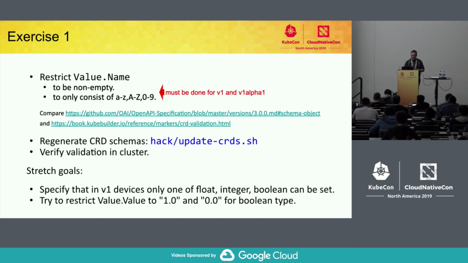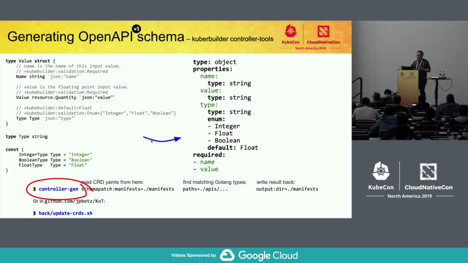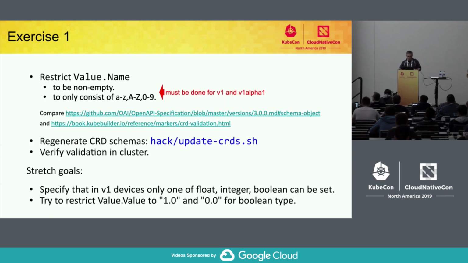If you have done that, just regenerate. So what you are doing, you're working basically on the types.go file, and you're adding markers. So here you have a couple of examples for markers. Just follow this pattern, add some markers for the name. There are the links for the book. So KubeBuilder has a nice book with a long list of markers.